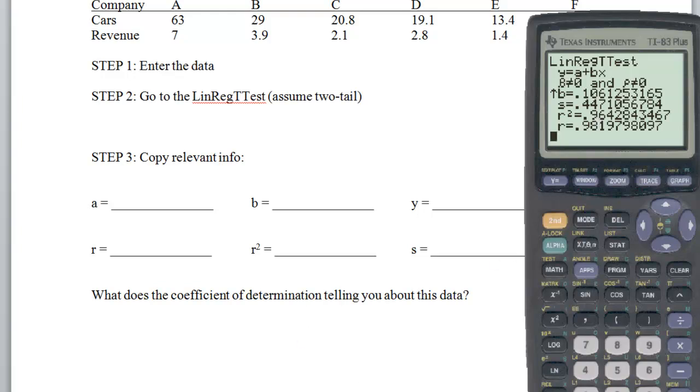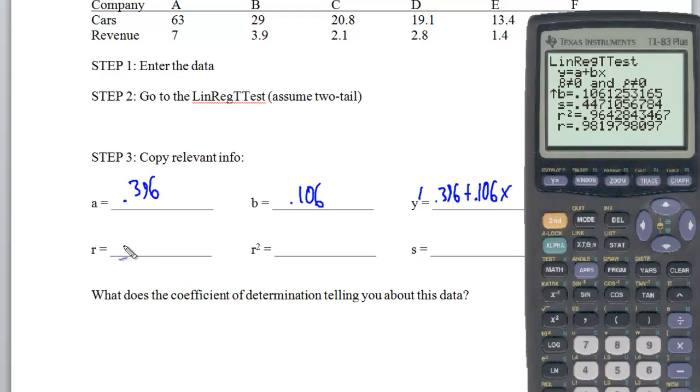I'm going to now pause this and get back to my drawing tool, which will lock the calculator in place. My A value, which is now off the screen, was 0.396. My B value was 0.106. And my Y prime is the start plus the slope x.